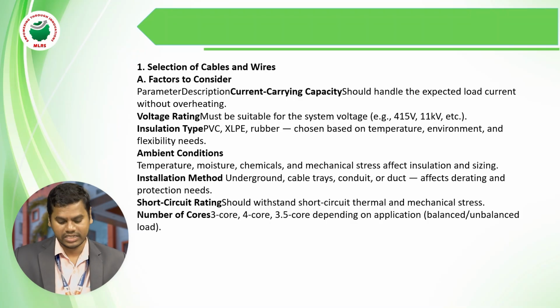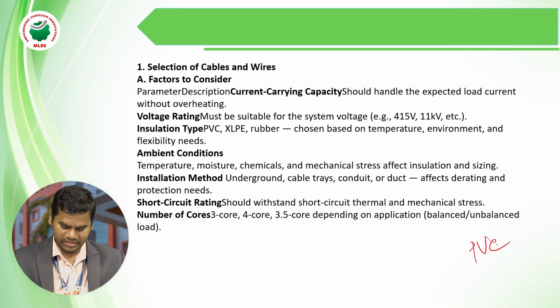Current carrying capacity is over and voltage rating is over. Next, insulation type. Which type of insulation are we considering? The insulation types are PVC, XLPE, and rubber. PVC is polyvinyl chloride, XLPE is cross-linked polyethylene, and rubber.